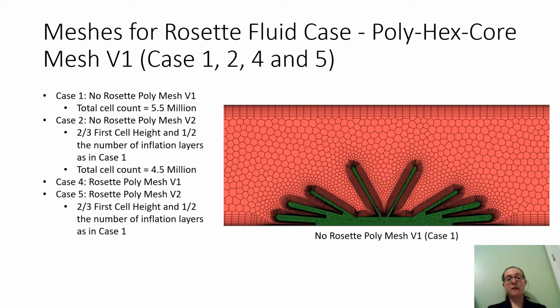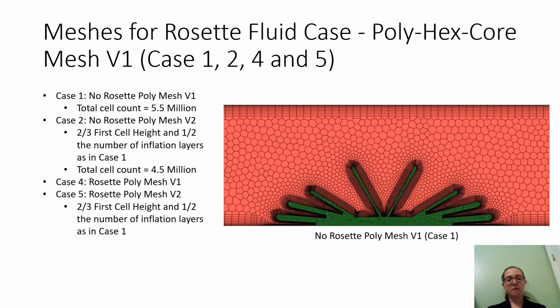These were the most recent meshes that have been run for 6 cases that we are going to detail in the following slides. This mesh in particular is related to cases 1, 2, 4, and 5, and was a polyhex core mesh. We have 2 versions of this mesh. The first version is pictured here and was used in case 1 as well as case 4, where case 1 had no rosette present and case 4 acted as if the rosette was present.